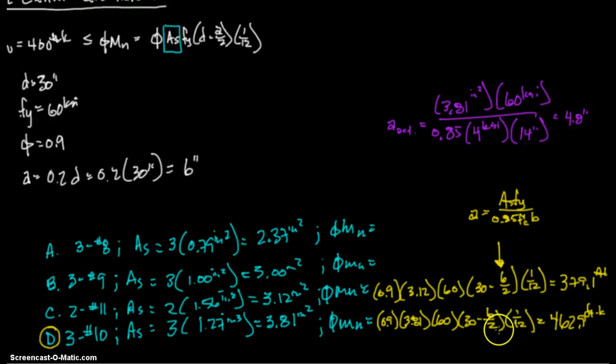And let's go ahead and throw it back in here and see what we get just for fun. 4.8 inches. So we'd actually come up with 0.9 times 3.81 times 60 times open parentheses 30 minus 4.8 divided by 2, close parentheses, divided by 12. 473.